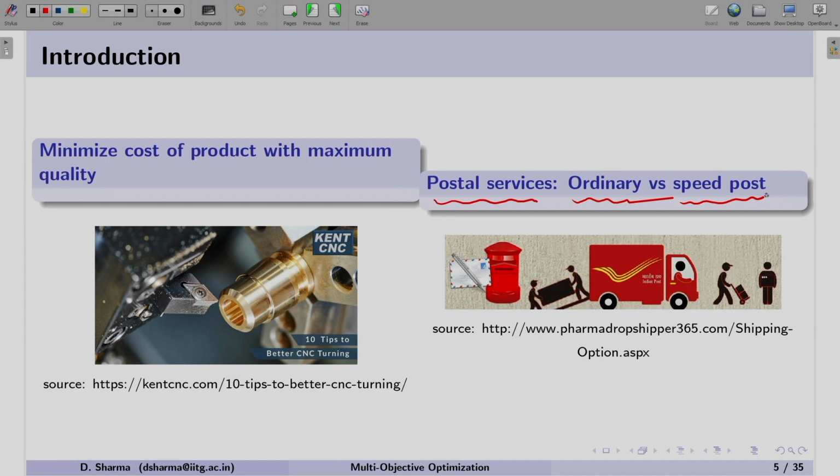It takes a little bit of time, but if we send the same letter or a packet via speed post, we have to pay a little more, and this letter will reach in a shorter span of time. So, in this example, we can see that if we want to send our post quickly, then we have to pay more. If we want to design a problem in which we want to minimize the cost of the postal service versus minimize the time to reach the destination, both objectives are conflicting in nature.